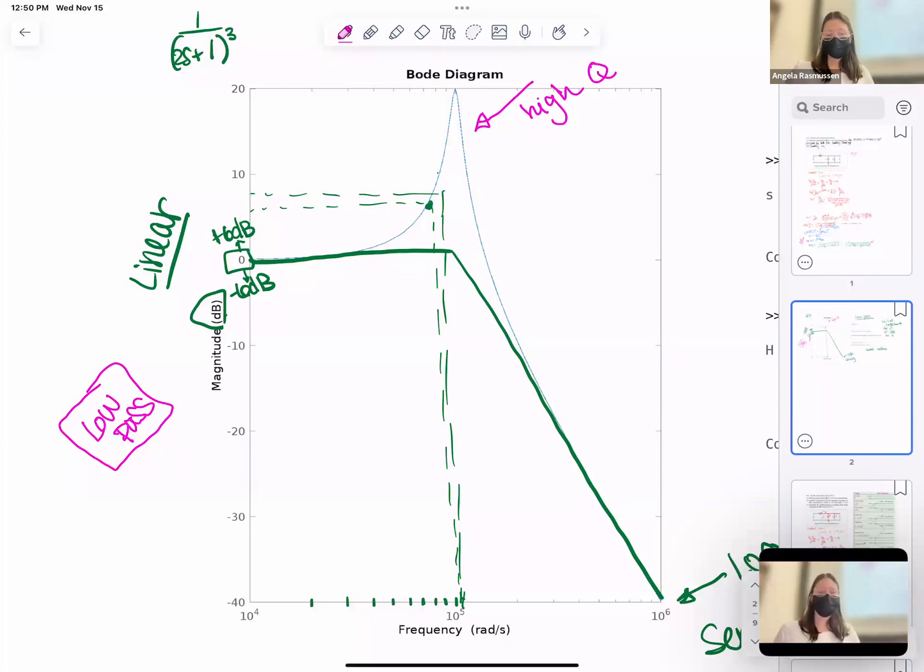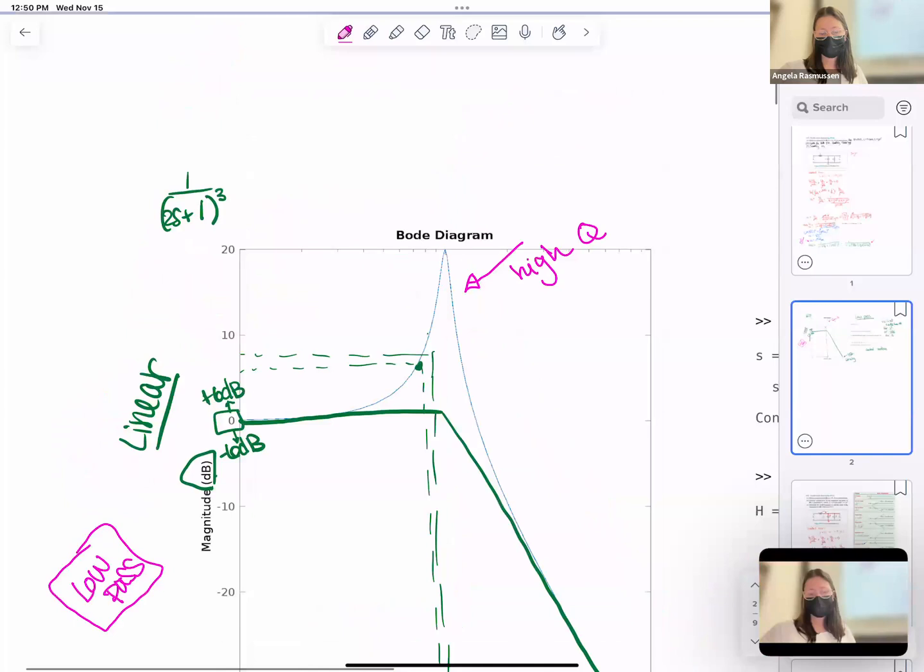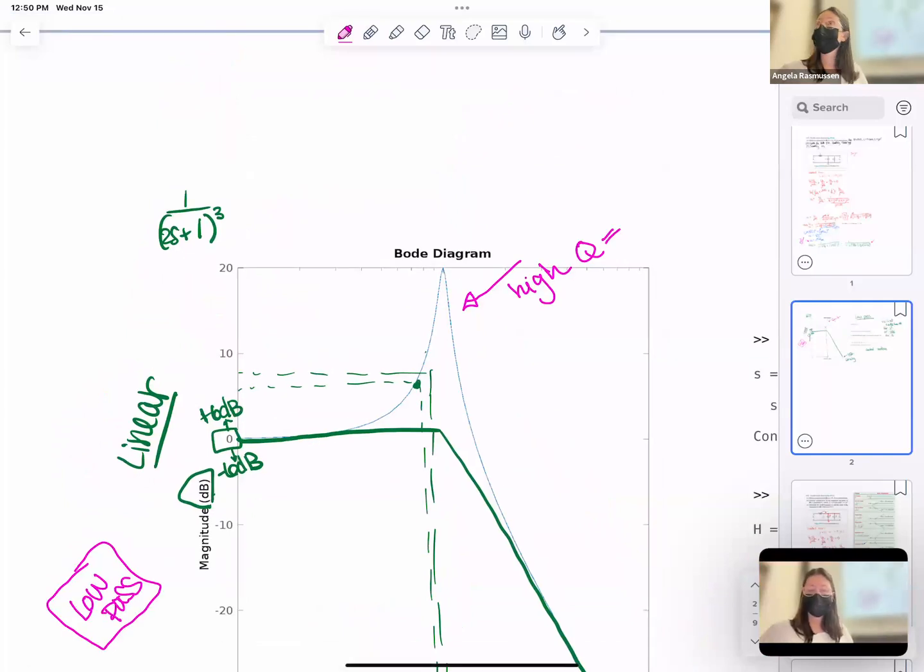Q is related to what? The bandwidth over omega naught. And so omega naught and the bandwidth. So how do you lower the Q here? Okay, I'm hearing both of them.